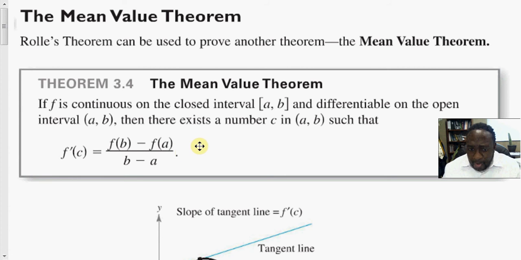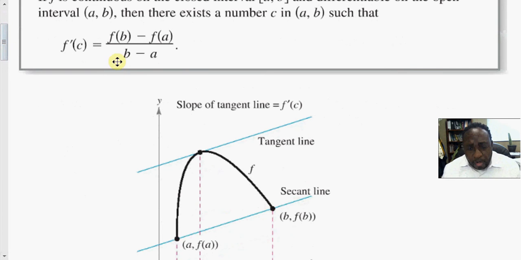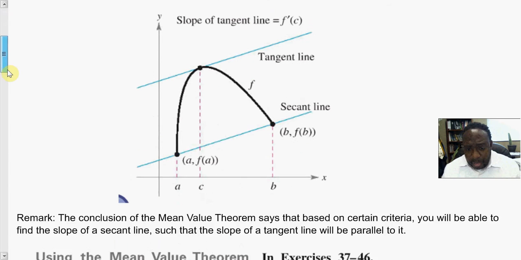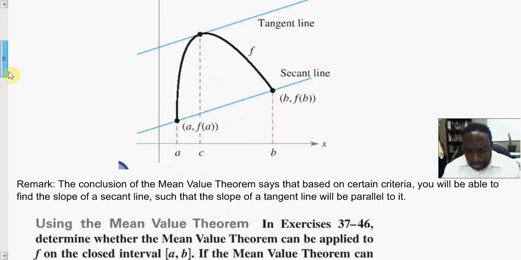Here, the mean value theorem does not guarantee a horizontal tangent, but it does guarantee a tangent, and that tangent slope is equal to the slope of the secant line. So here, f of b minus f of a divided by b minus a gives you the slope of the secant, and that line is going to be parallel to the tangent line that you get from f prime of C. That's a pretty neat conclusion.